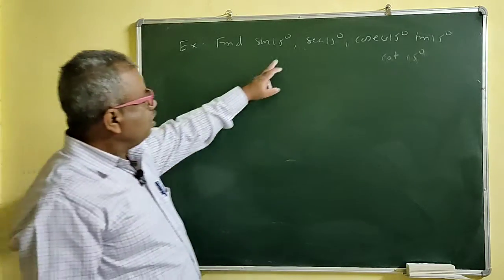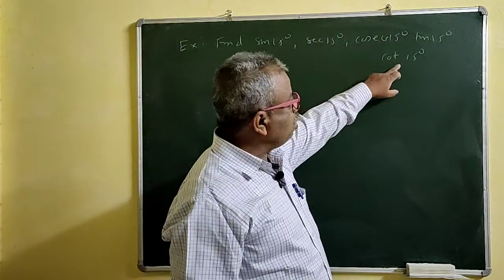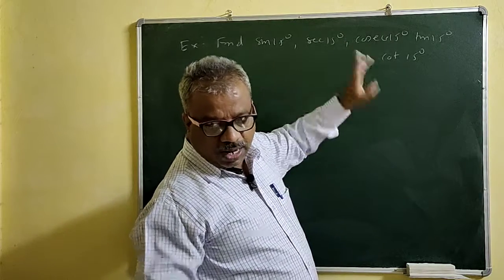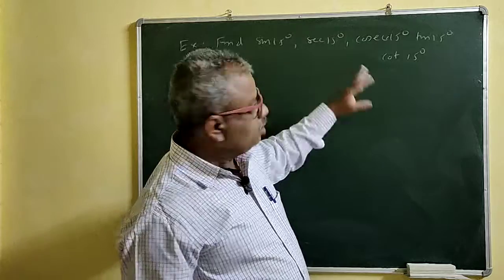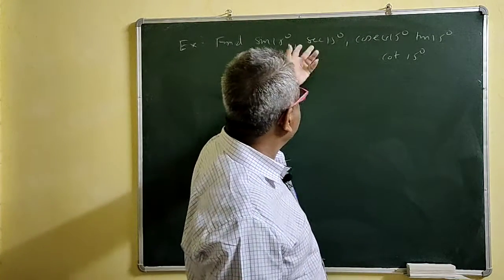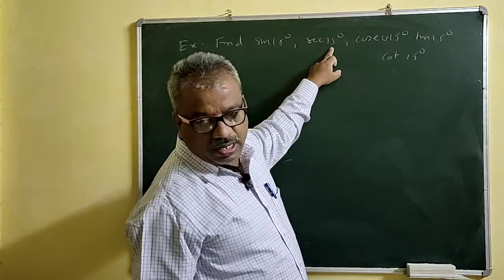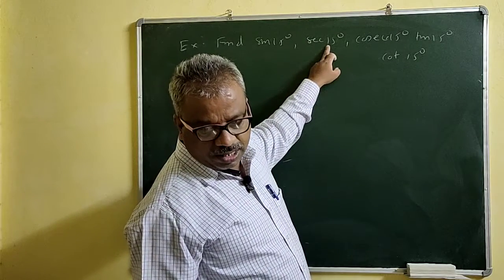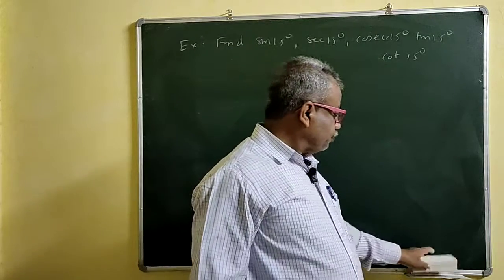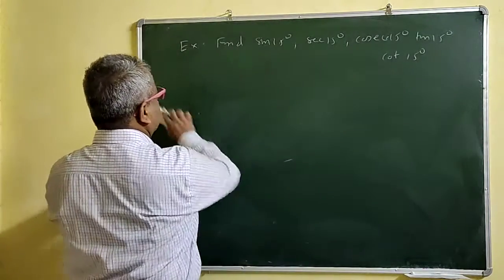To find sec, cosec or cot, we don't have a formula; find out the reciprocals. That means you have to find sin 15 degree, then you will get cosec. For sec 15 degree, you have to find cos 15 degree. I hope that you can do this one.